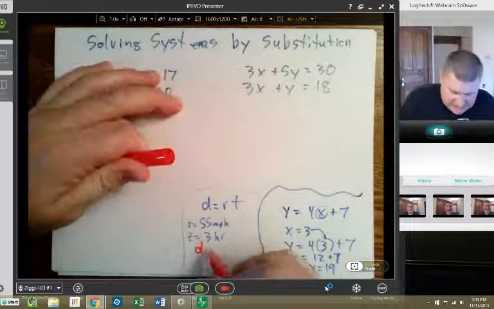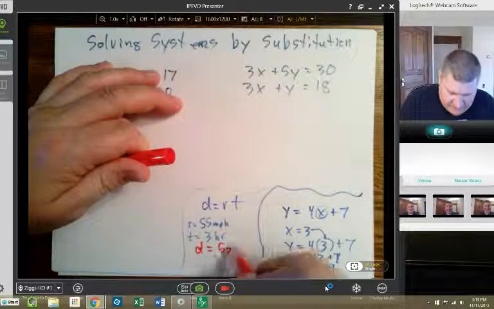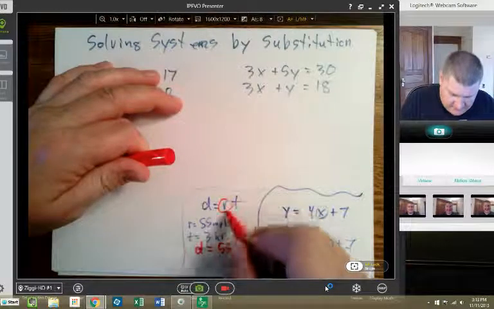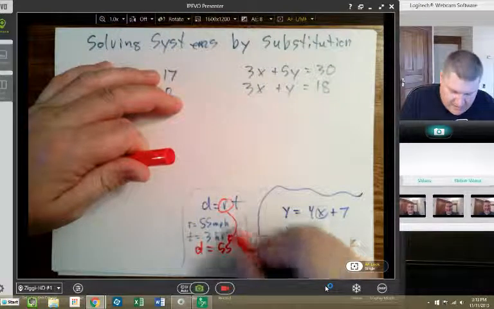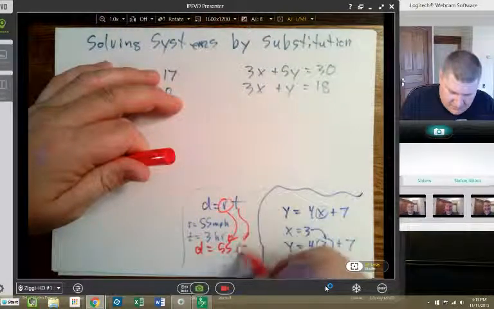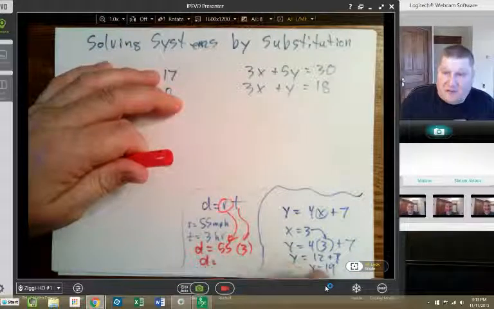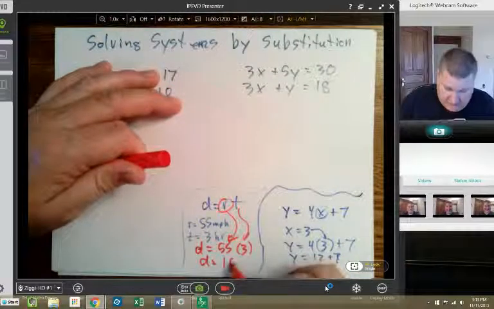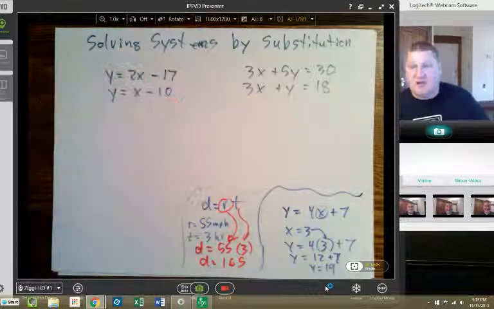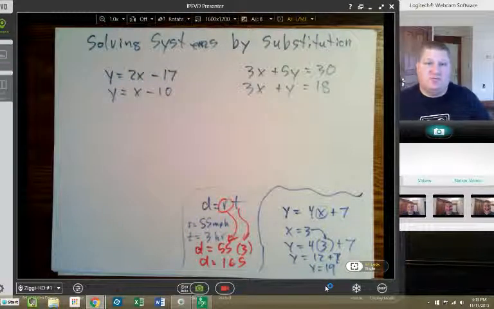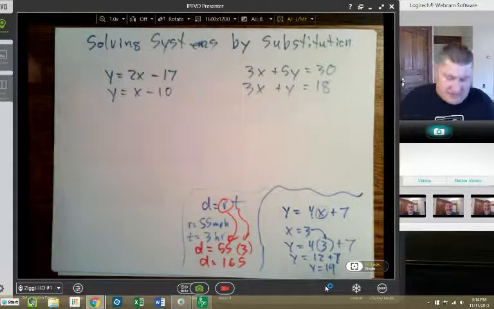So I say distance equals 55 for the rate and 3 for the time. And I come up with distance equals 165, and that's all there is to it. So substitution is something we've done previously. Usually it's called evaluate, something like that.